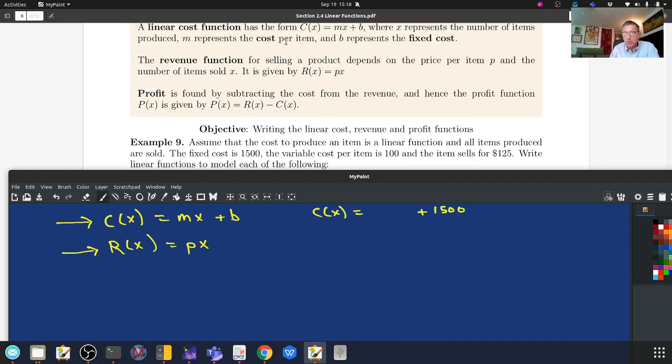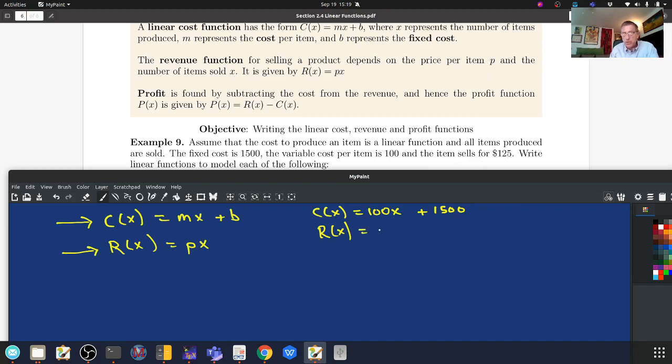So the variable cost per item is m. M represents the cost per item. So m is 100x. So I've got my C of x. And the item sells for $125. So how much is that? The revenue function, R of x, where x stands for the number of items sold and the price per item p. So the item sells for $125.